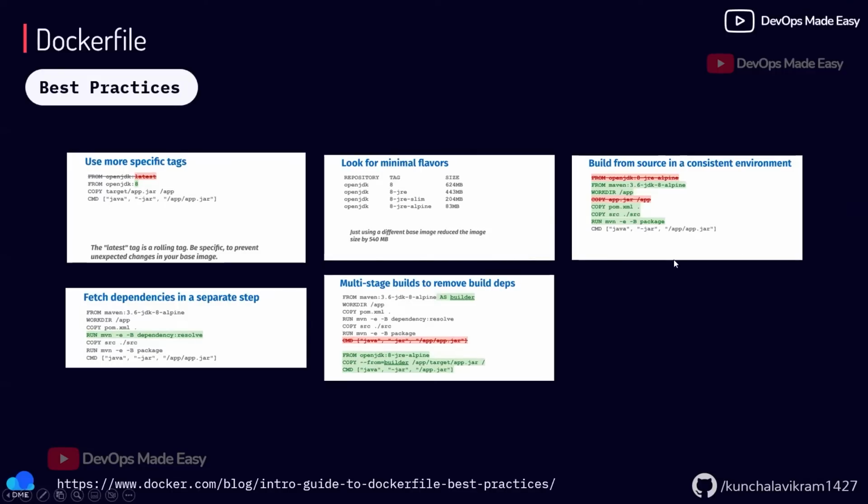You may not generate that jar file every time, but if it is there, your Dockerfile will try to copy it. It won't complain that the jar file does not exist. So it is asking you to build it every time, in order to have a consistent application environment.